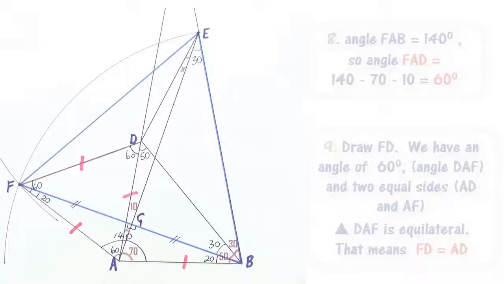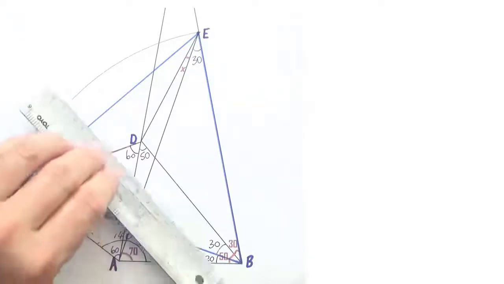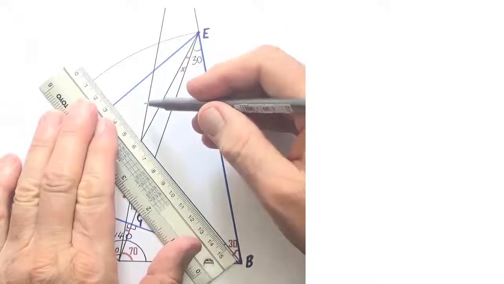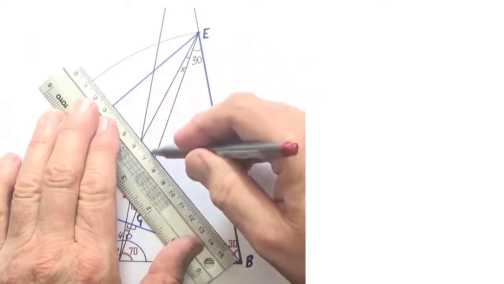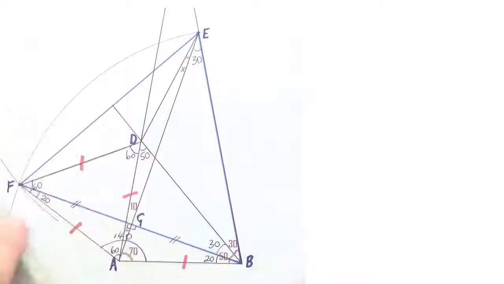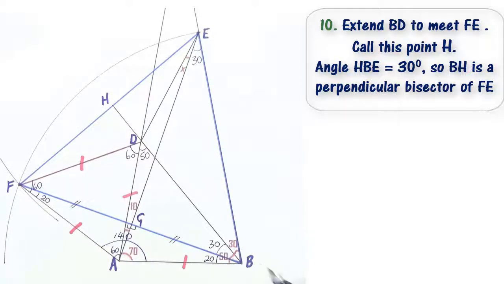Now look at the line BD and extend it to meet FE. At vertex B, I see there are two angles of 30 and 30.